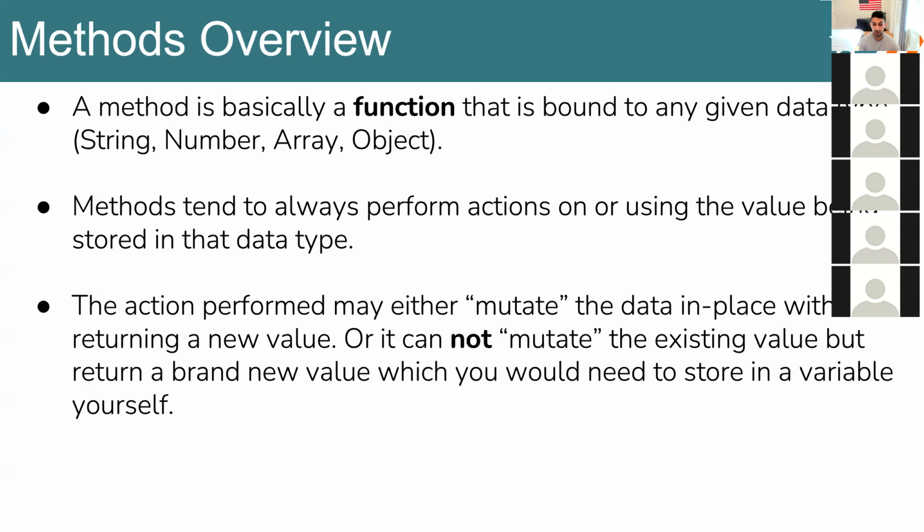An example of a non-mutating method would be toUpperCase, because by calling it, it doesn't change the string, but rather returns what an uppercase version of that string would be. And push is an example of a mutating method that operates on arrays and it will change that array that it is acted upon and add that new thing to it. And instead, it just returns the new length of the array.